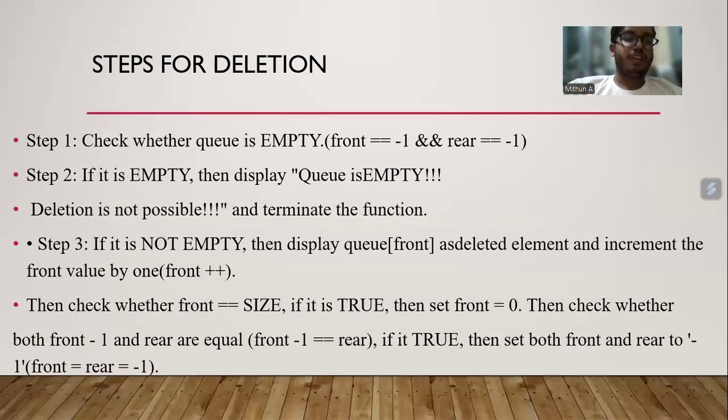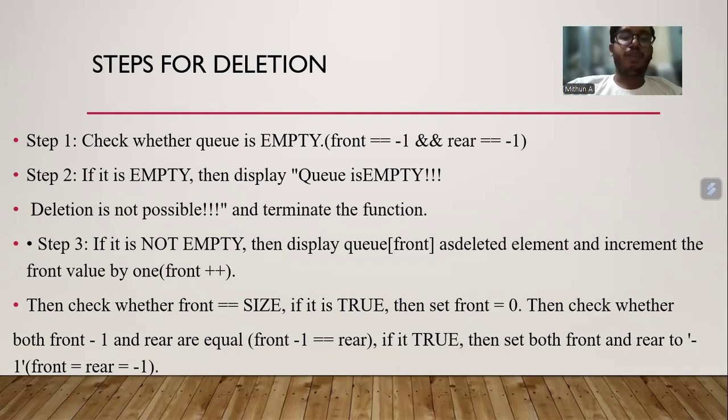The first step is to check whether the queue is empty or not. In order to do this, we check whether front is equal to minus 1 and rear is equal to minus 1.